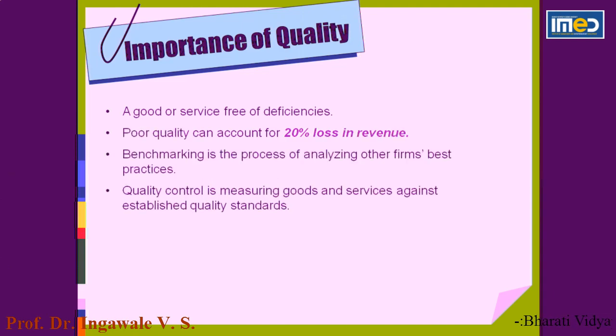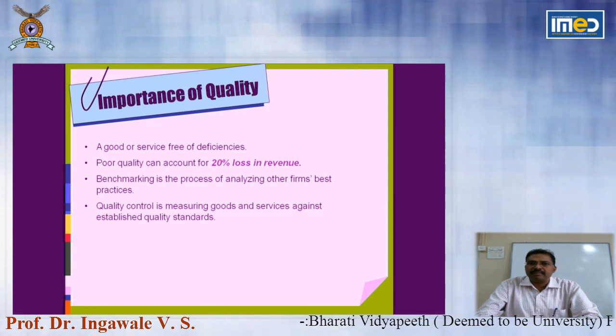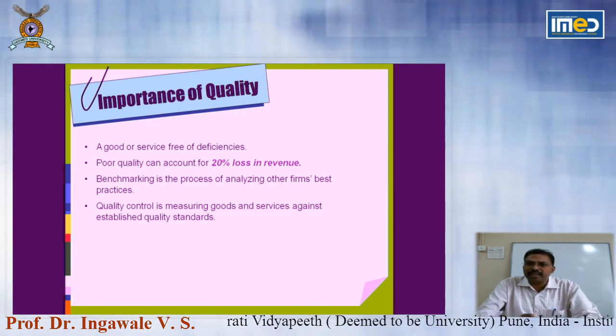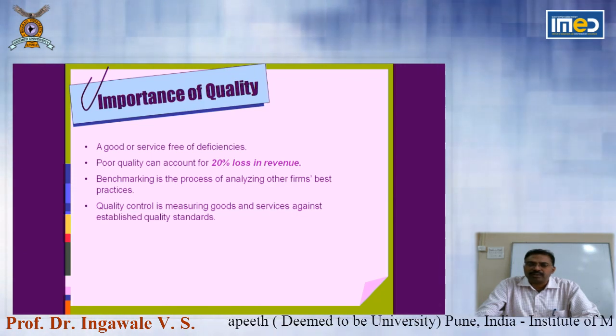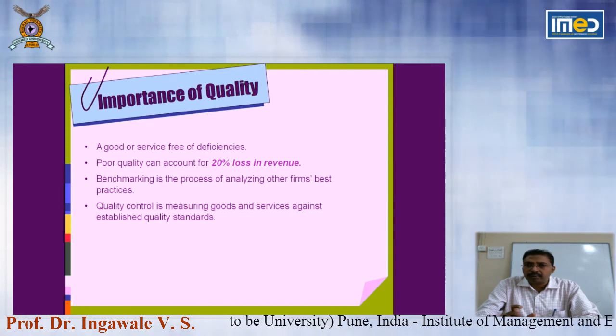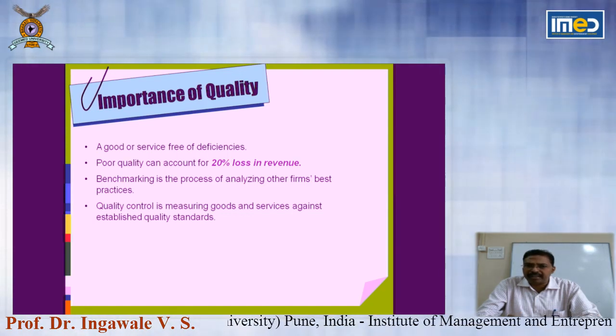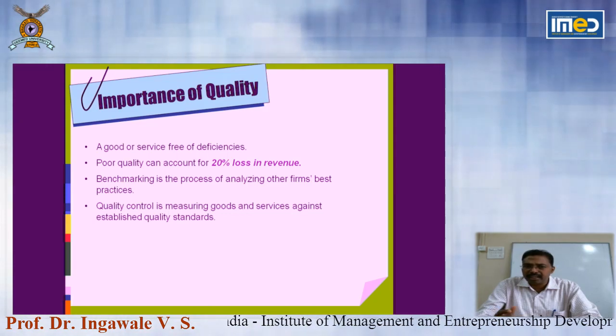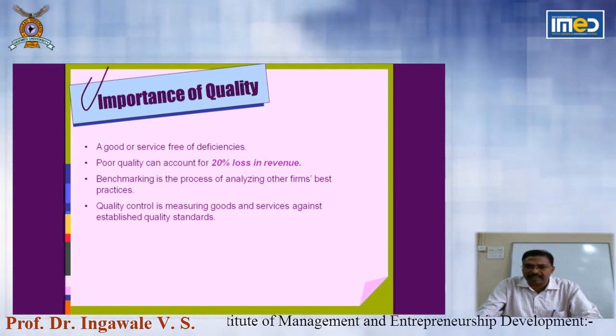Then next, as we already discussed, quality is fitness for use or purpose. So in this, a good or service is free of deficiencies, and poor quality can account for a 20% loss in revenue. So there should be a focus on proper quality of incoming materials, finished goods, and in process goods or materials also.